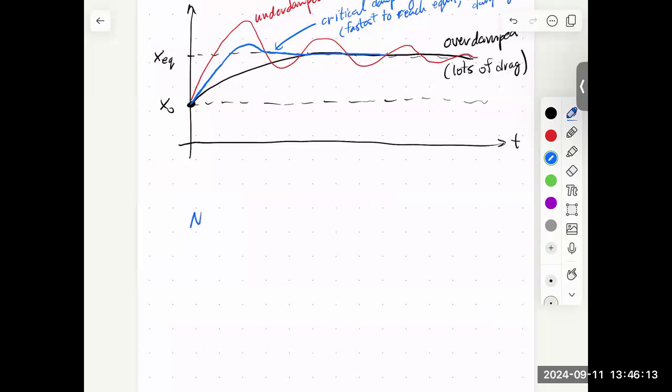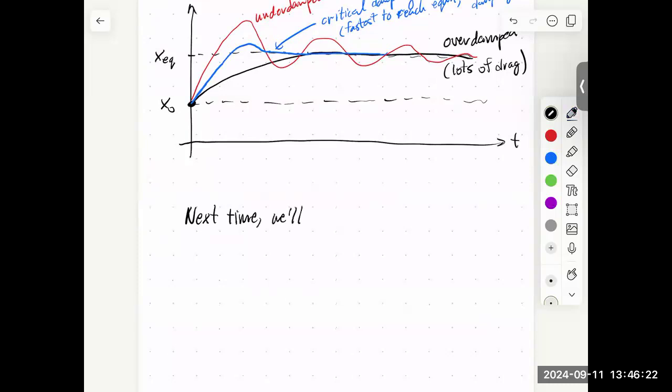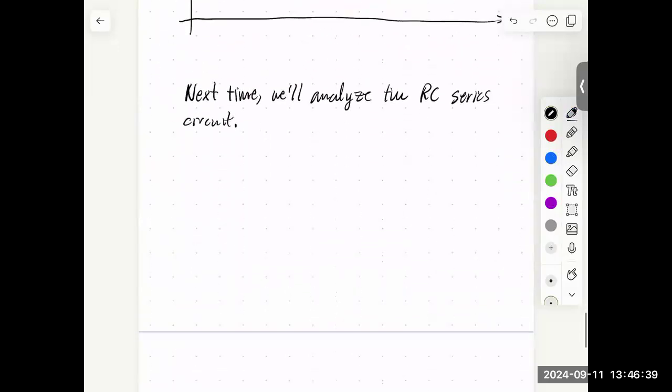So next time we'll analyze the RC series circuit. And a lot of what we've done in this discussion today, we can use when talking about our RC circuit.